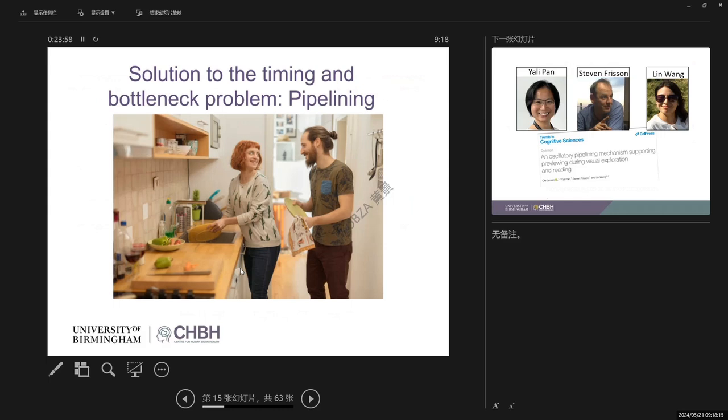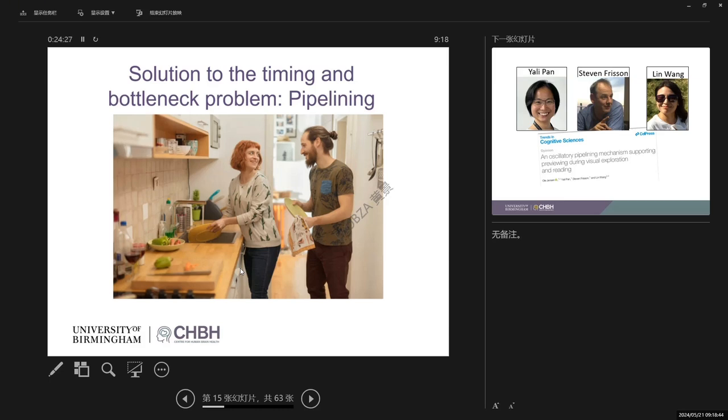So this woman, she's washing the plate, and then she passes it on to the man who's doing the drying. So these two people are working in parallel, but they work at different levels of the processing hierarchy, right? So it could be, if we make the analogy to the processing of objects, there is feature or color processing going on, and then later on category processing, right?